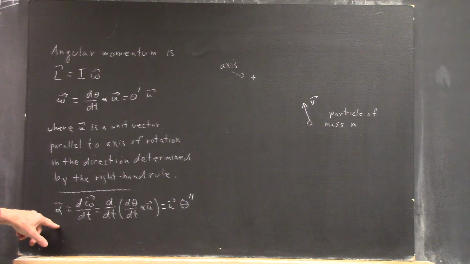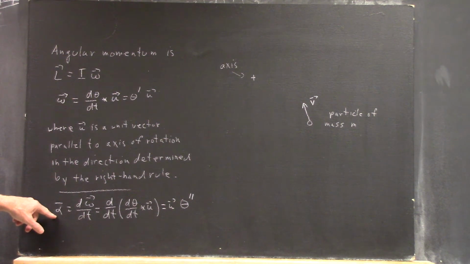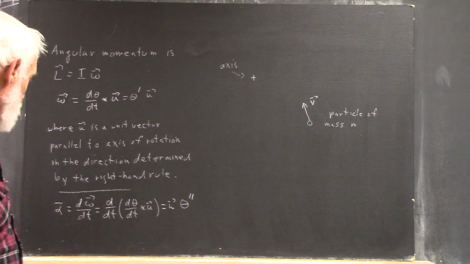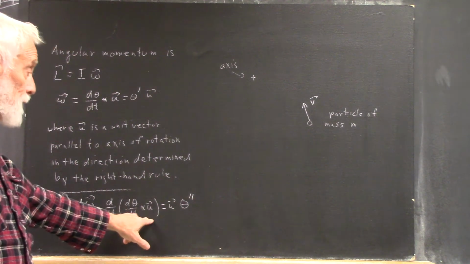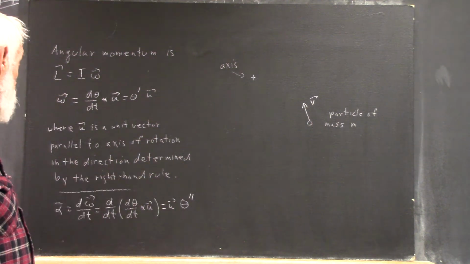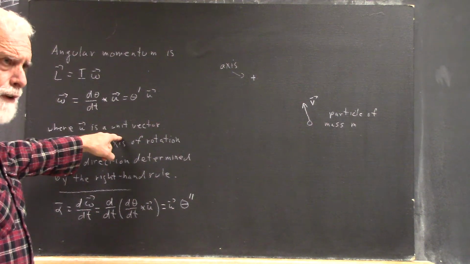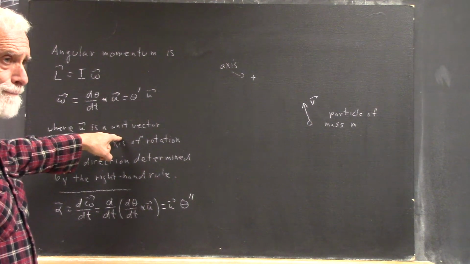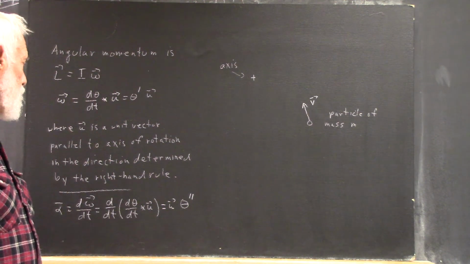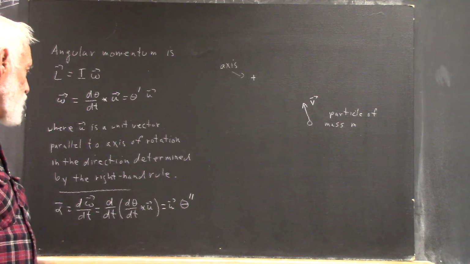And then, of course, you can define the vector angular acceleration as the derivative of your angular velocity. And in the derivative of this, u is a constant vector. It's a unit vector, vector magnitude 1, parallel to the axis.